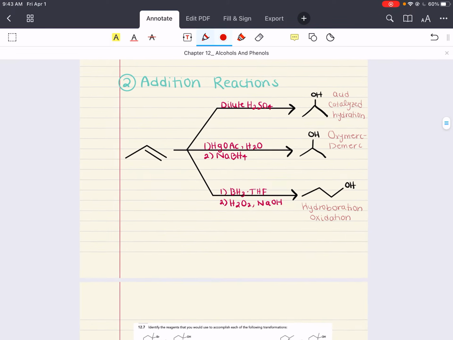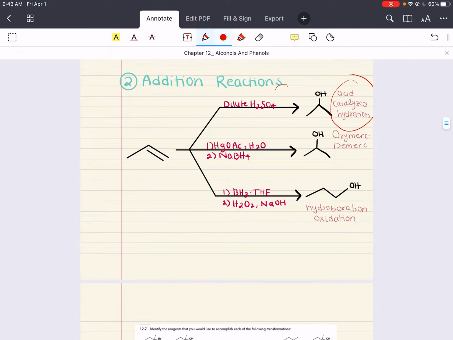Now, if you remember, for acid-catalyzed hydration, you're using something like dilute sulfuric acid, and it's going to proceed through Markovnikov addition. That means the hydroxyl group, the OH group, the alcohol group, is installed at the more substituted position, hydrogen at the less substituted position. It's a useful method if your substrate is not susceptible to carbocation rearrangement.